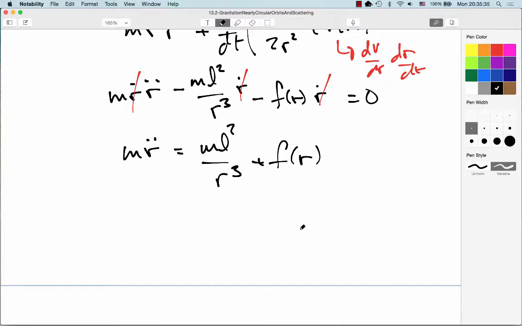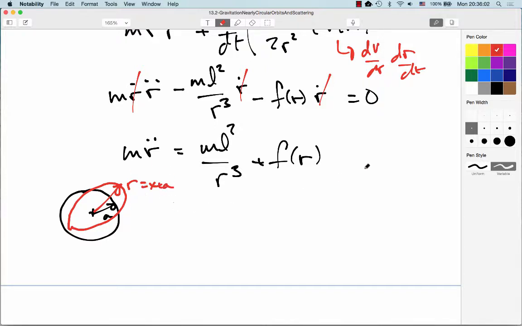Okay, so now let's consider the case where our orbit isn't that much different than a circle. So let's say the circle is of radius a. My perturbed orbit, my slightly elliptical one, will be r equals x plus a.